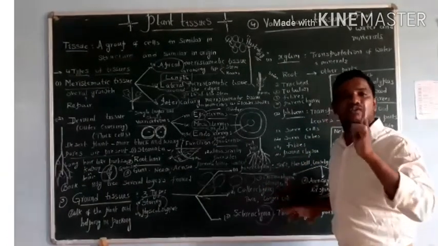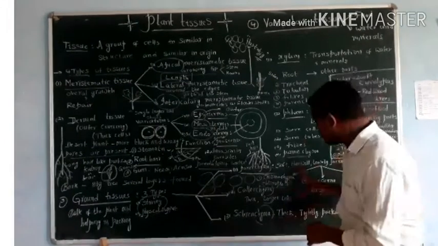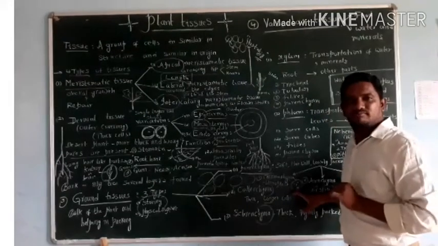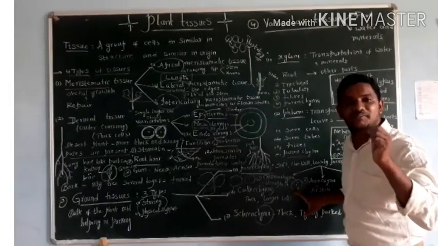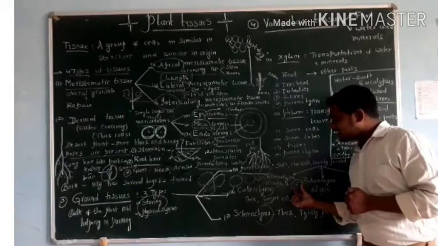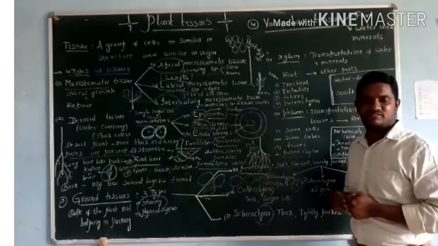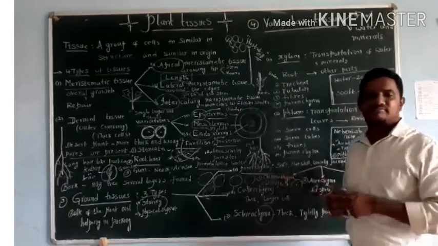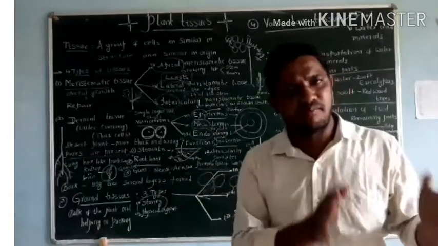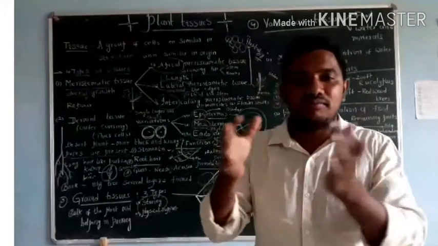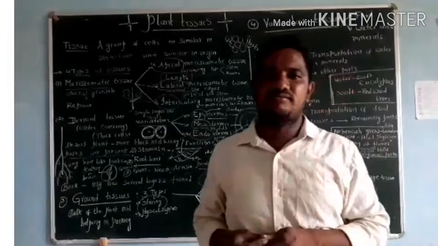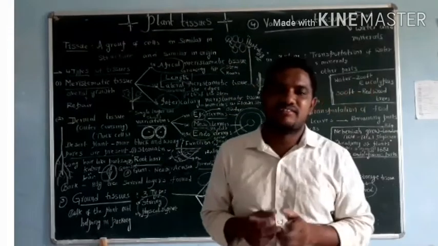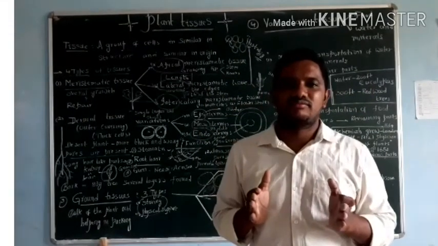These cells prepare food material by themselves. Such tissues are called chlorenchyma. Chloroplasts help in trapping solar energy to synthesize food materials in plants by photosynthesis. That is called chlorenchyma.